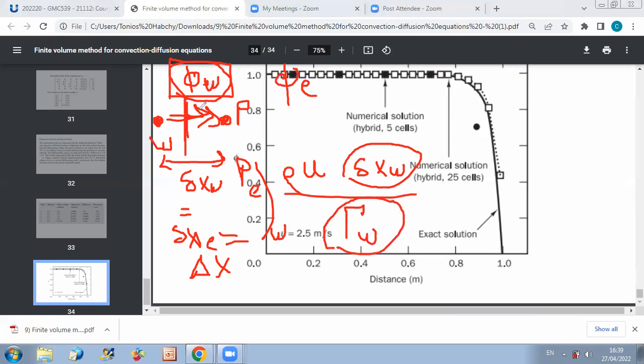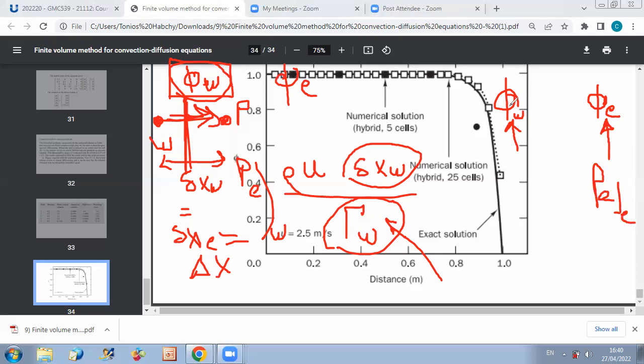If not, remember how we did harmonic interpolation to get the value of diffusivity at a face. Then you use harmonic interpolation to get this. So for each face you replace phi in the equation: you replace phi at west and phi at east. To know which scheme to use to replace phi at west, you calculate the Peclet number at the west face, and to know which scheme to use for phi at east, you calculate the Peclet number at the east face.